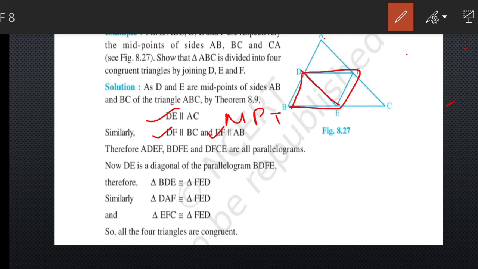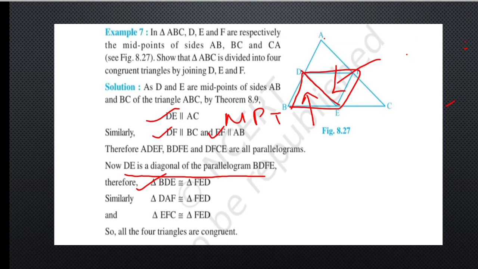Therefore, these two triangles are congruent to each other, since in a parallelogram the diagonal bisects it into two congruent parts. So we can say BDE is congruent to FED.